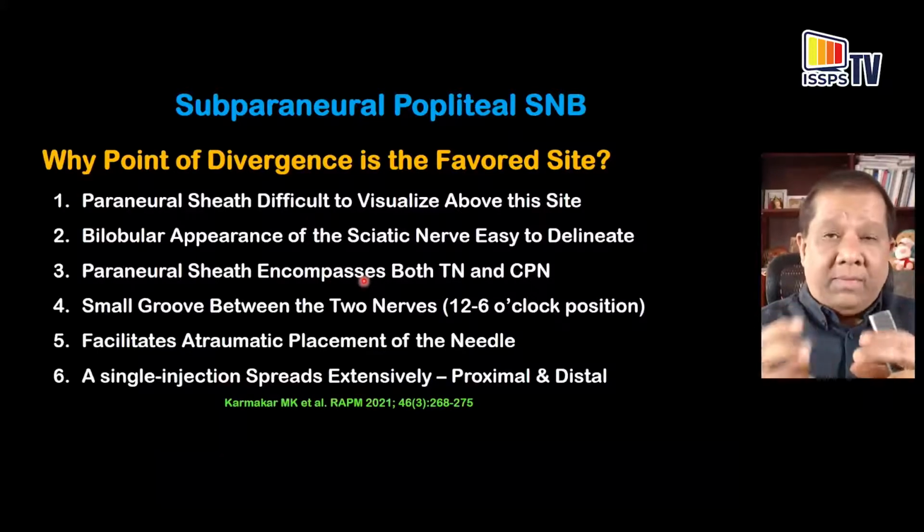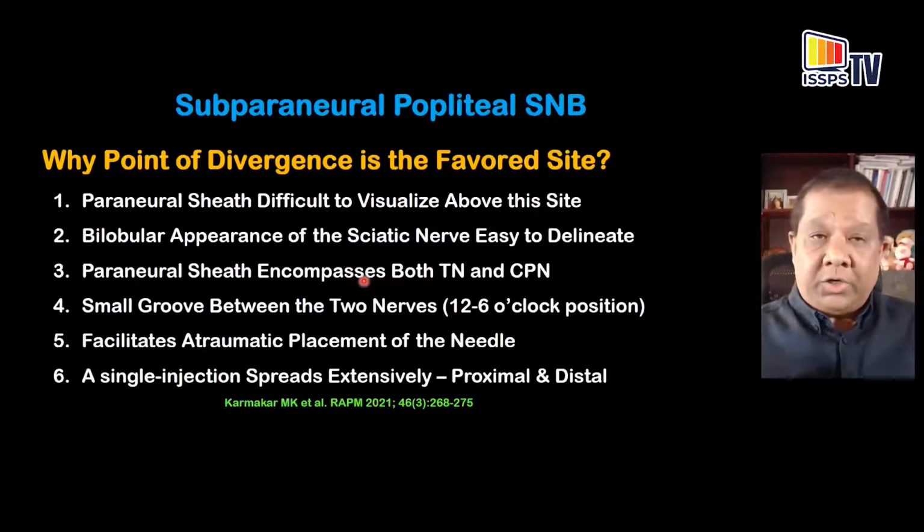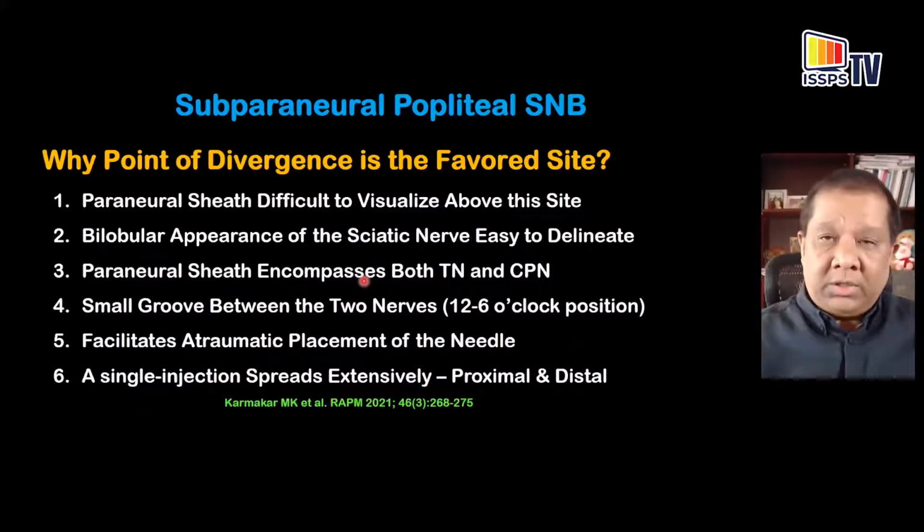So at the point where it diverges, the connective tissue sheath is now loosely attached around this nerve. So if you place a needle in the groove between these two, then you are subparaneural, but you're still outside the internal architecture of the common peroneal or the tibial nerve.